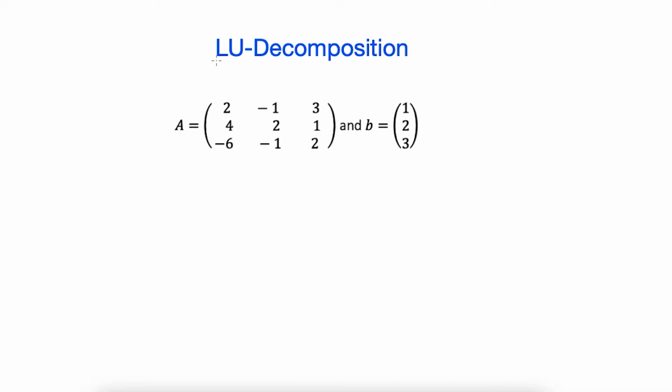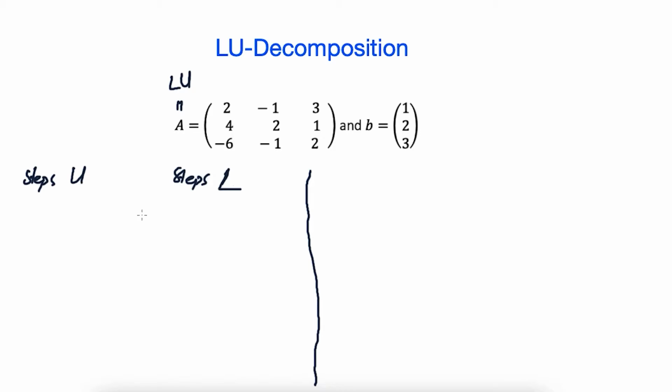When we do it with this LU-Decomposition method, we will need to decompose this matrix A into matrices L and U. So for example, if we divide the space here into 2, here will be the steps to find U, and here are the steps to find the matrix L. The matrix U here we will get from this matrix, and this matrix we will get from the operations that we do to get U.